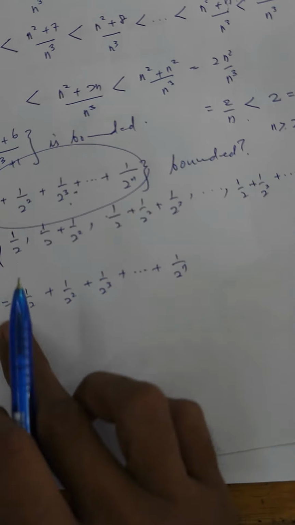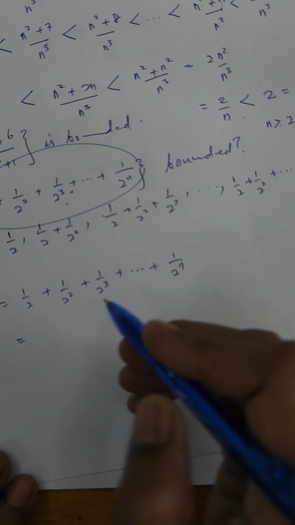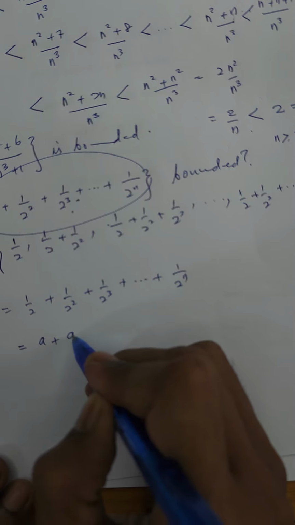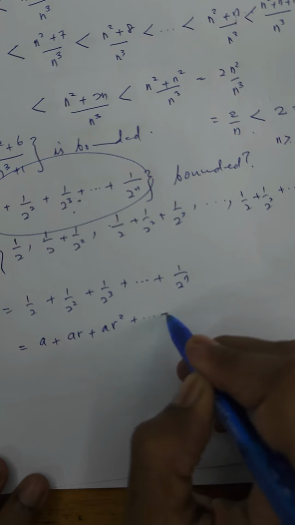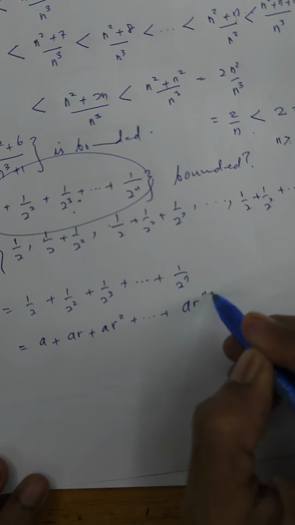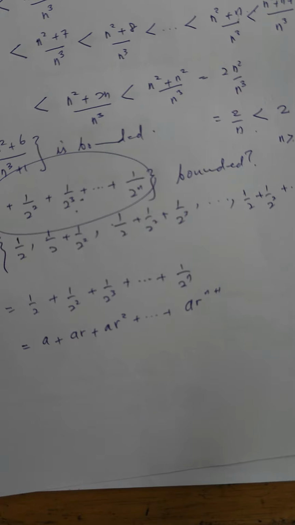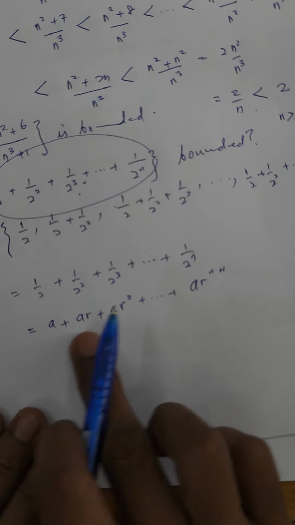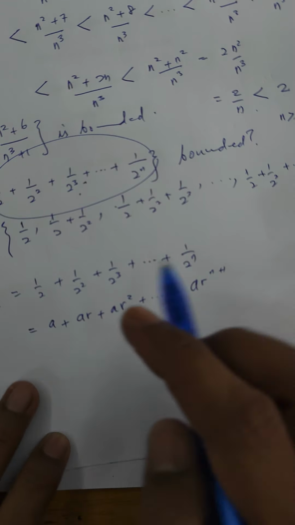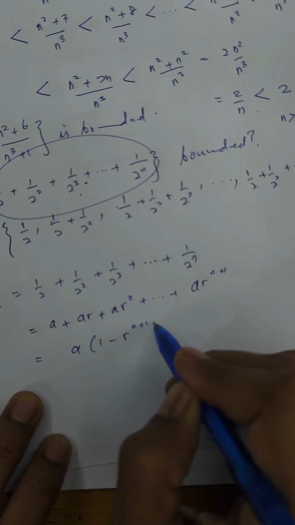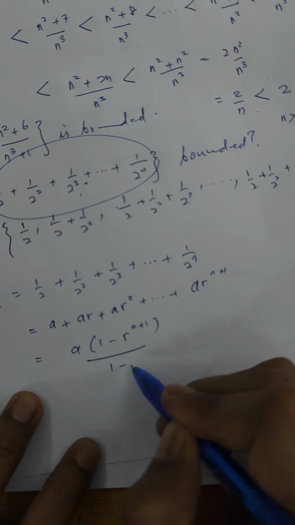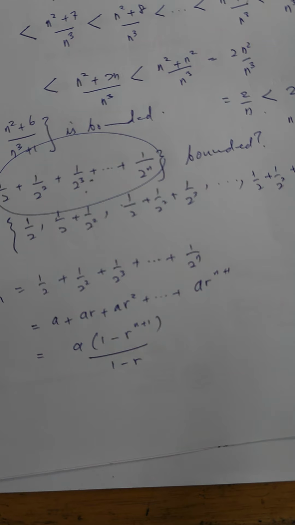And if you recognize, this is just like a plus ar plus ar squared plus ... plus ar to the n, and so on. So in this case, you can just use the geometric series, which gives you a times 1 minus r to the n plus 1 over 1 minus r.